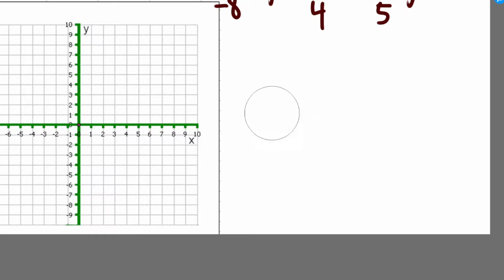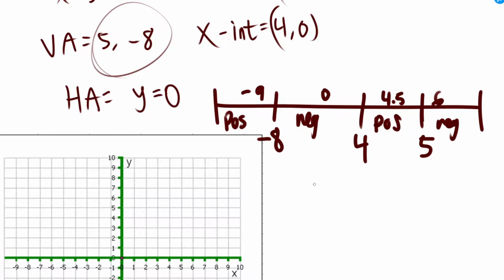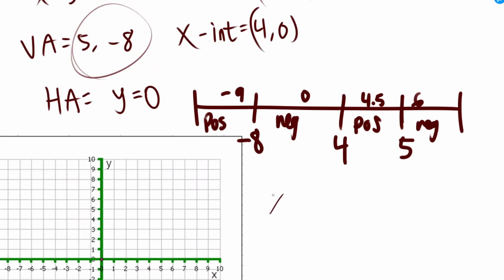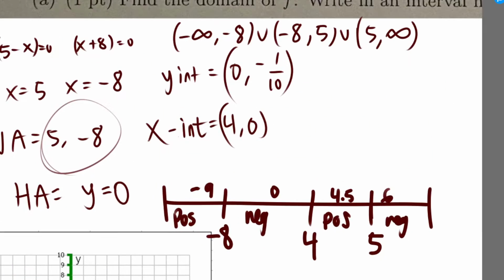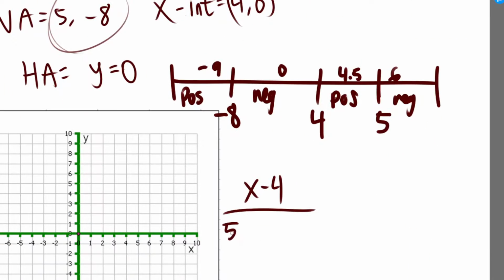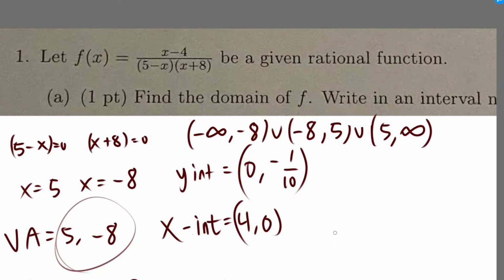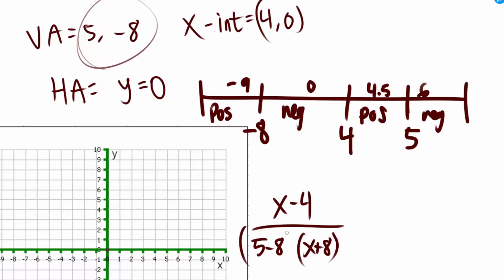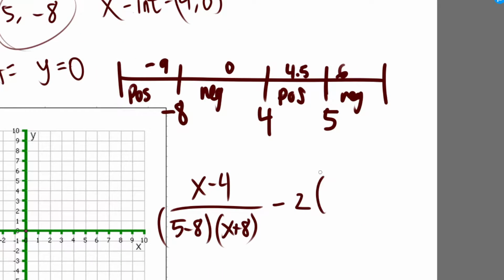It looks wonky, but the way that you would do it is basically you'd have your x minus 4 over 5 minus x and x plus 8, and then -2. And you want to have the same denominator when you are adding or subtracting fractions. So 2 times 5 minus, sorry, that should be x.